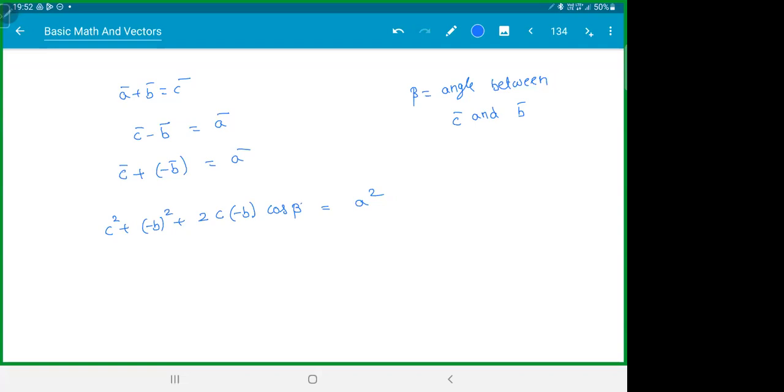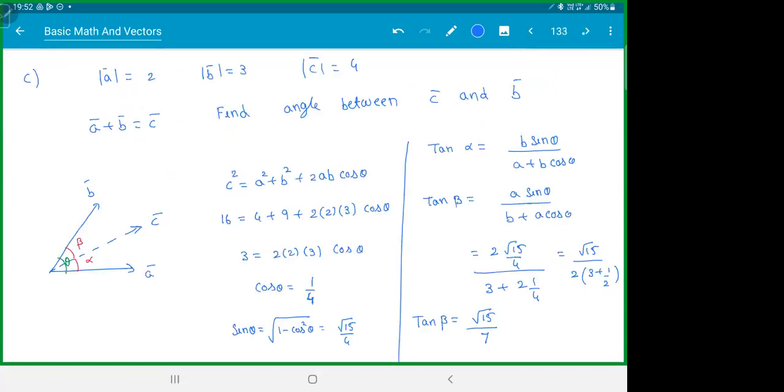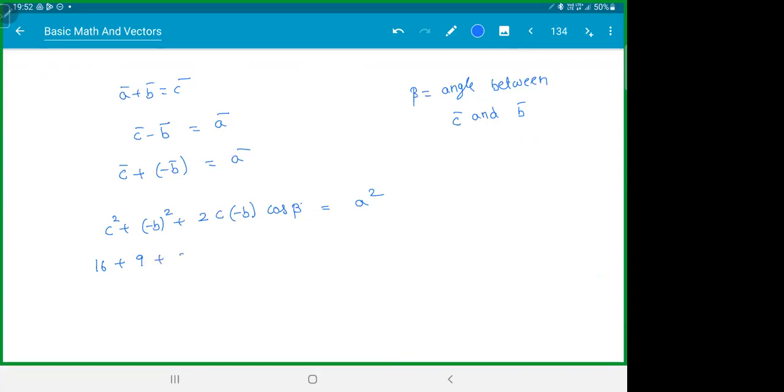So let's see whether we're getting the same thing. So what is C here? 4, that is 16. B is 3, 9 plus 2, 4 minus 3 cos beta, and this is 4 here. This is 25.